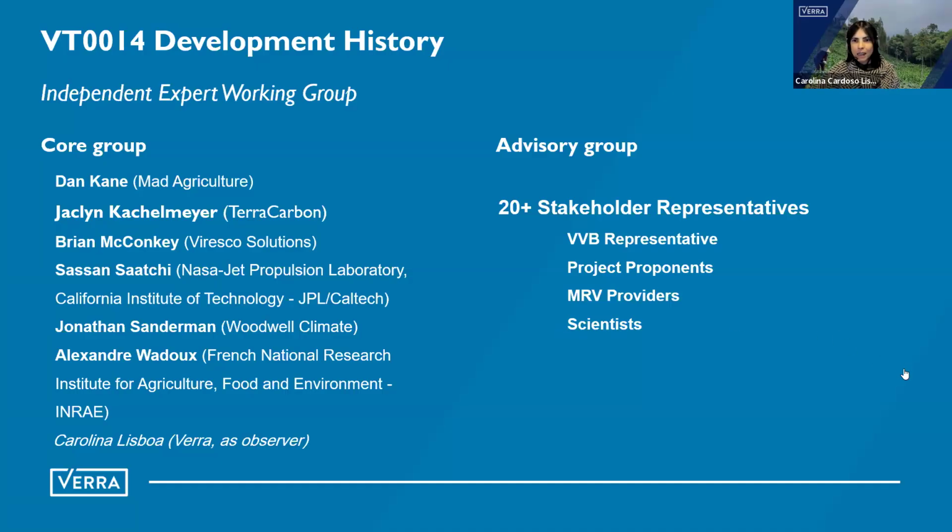You can see here, this working group has two subgroups. One was the core group, which was more focused on science. And you can see here the list of the names of these scientists who helped and challenged the developer during the development.